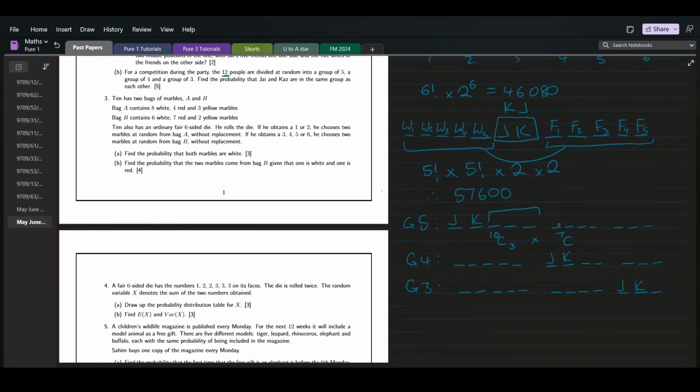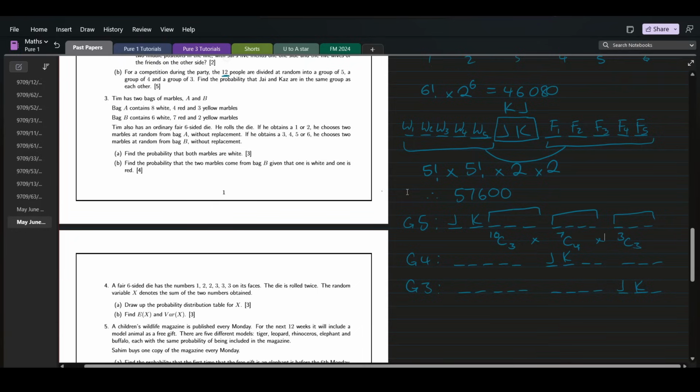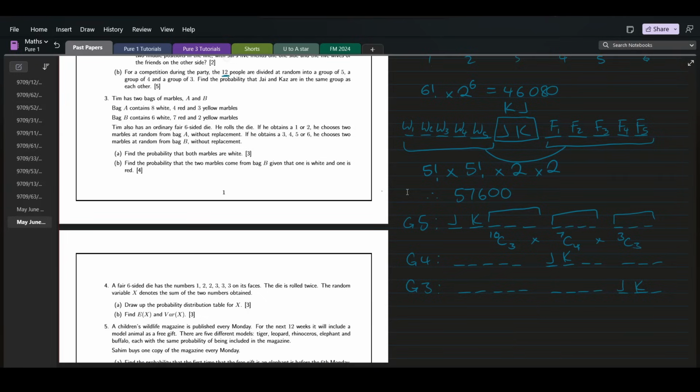And now we are choosing into 4 slots. And we subtract those 4 from 7, and now we have 3 remaining, and we're choosing them into 3 slots. So let's evaluate this using the calculator. That's 10 choose 3 times 7 choose 4 times 3 choose 3, and that gives us 4,200.